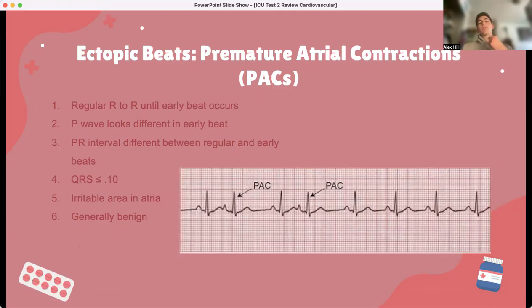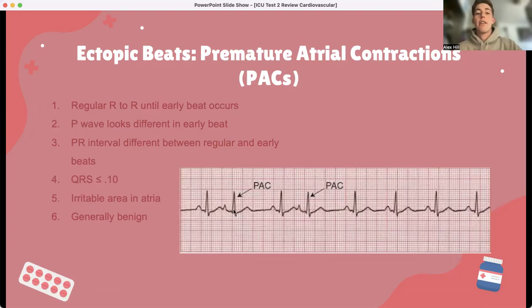Okay, so now you have PAC, PJC, and PVC. A PAC is a premature atrial contraction. If the atria are contracting, then you know you need to have a P wave. That is one of the biggest differences between a PAC and a PJC, because atrial contraction requires a P wave.